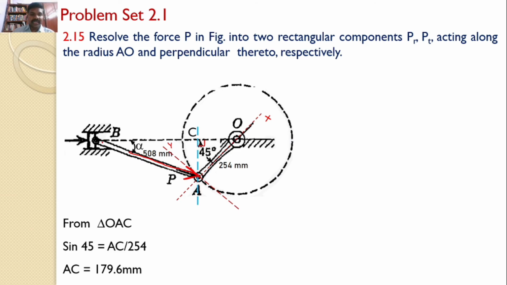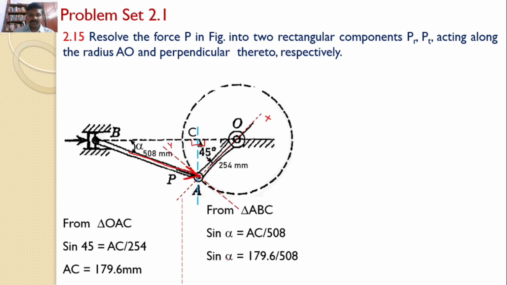Now I will consider the right angle triangle ABC. Sine alpha is equal to AC divided by AB. AB value is given as 508. Sine alpha is equal to 179.6 divided by 508, which gives the value of alpha as 20.7 degrees. So the alpha value is known, that is 20.7 degrees.